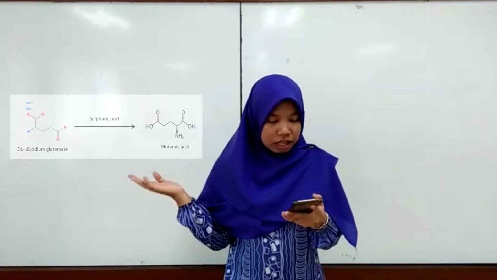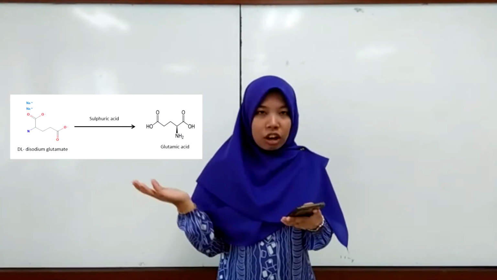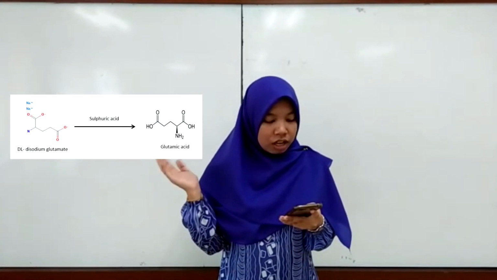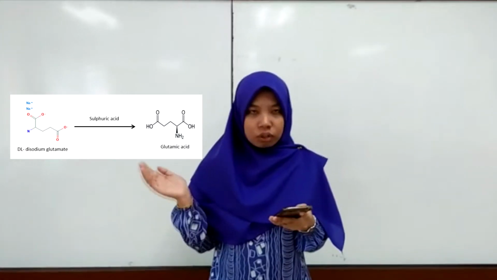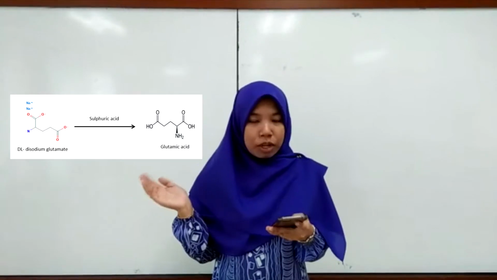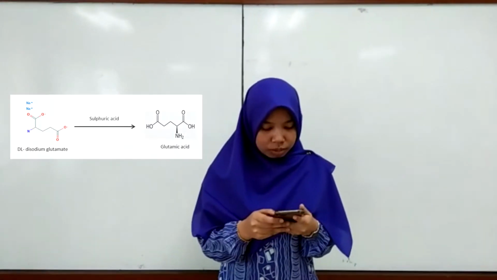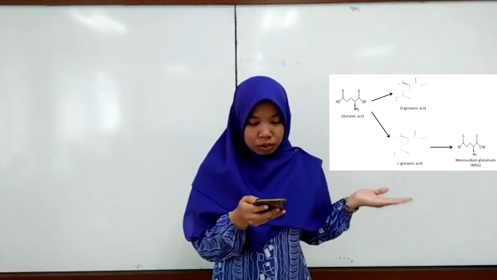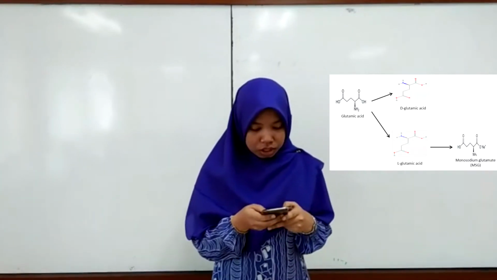So the MSG is produced from the L-glutamic acid. Figure 1 shows the reaction producing glutamic acid from disodium glutamate using sulfuric acid as a catalyst. Figure 2 is the reaction producing monosodium glutamate from the L-glutamic acid after separation.